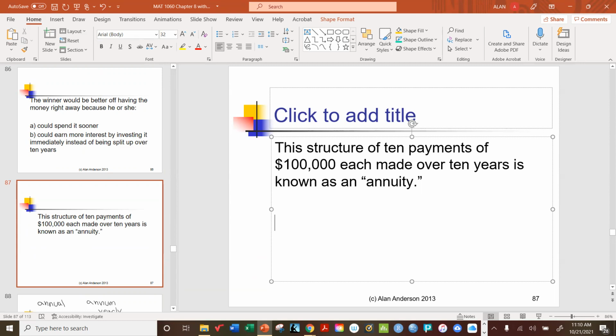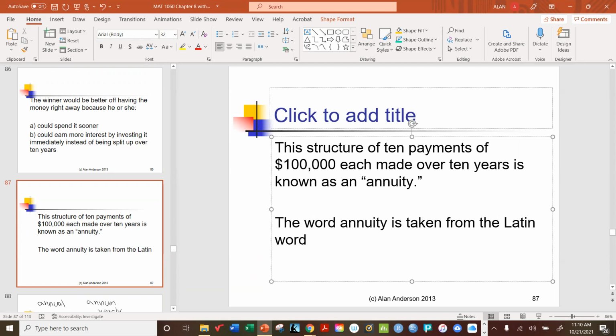Okay, now the word annuity is taken from the Latin word, as you can probably guess. Everything in much of English is based on Latin, of course. Annum, which means yearly. Okay, so the whole point of this is that you're getting the same exact payment every year for 10 years. This structure is known as an annuity.